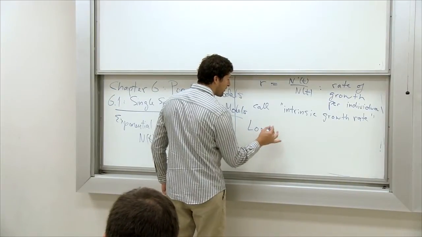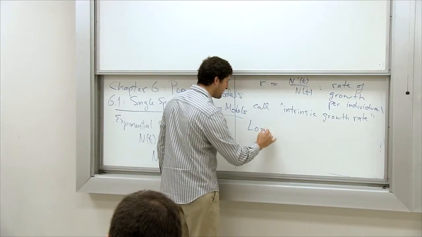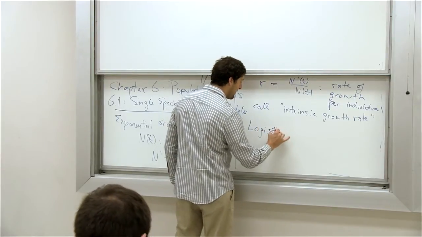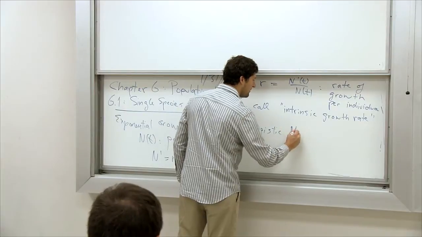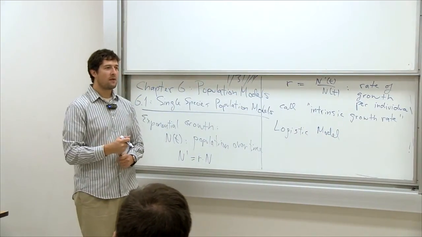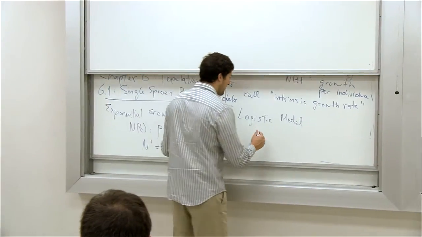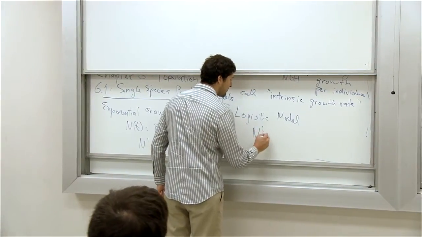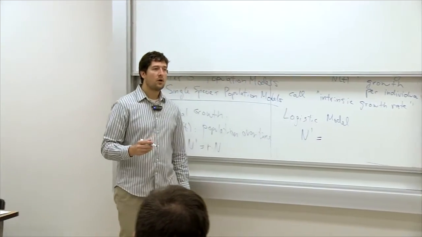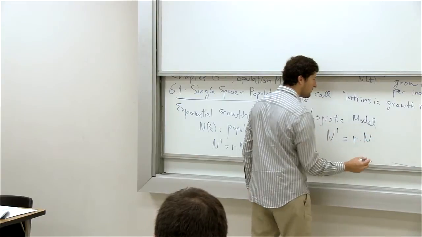Okay, so let's make this a lot more complicated, because we've already talked about exponential growth. So now our giraffes live on an island, okay? And there's only so much space for the giraffes. So how do we now take into account the fact that there's only so much space? Well, we do the same thing as before, r times n, okay?